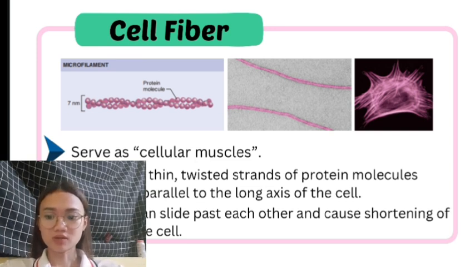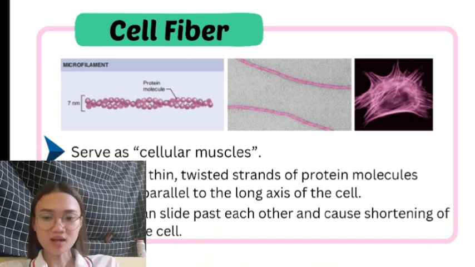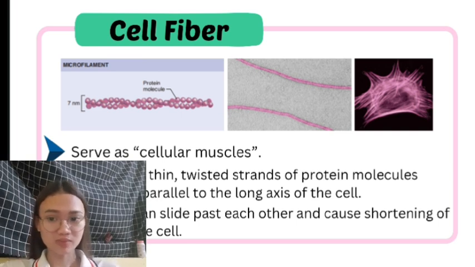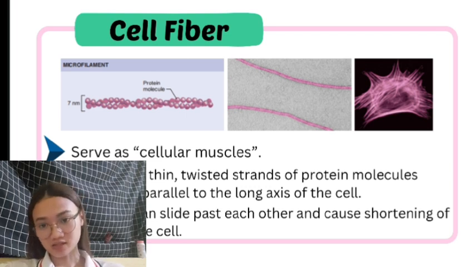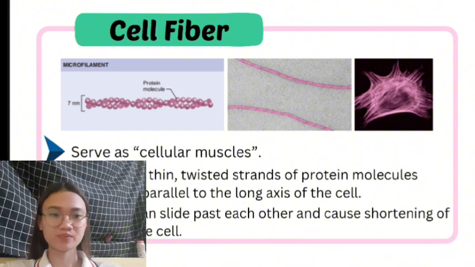The microfilament is mahalaga sa paggalaw ng cells, for example, sa ating muscle cells. Ang mga microfilaments ay nagtutulungan at pinapalakas ang cells upang mag-shorten o lumiit. Kaya nagkakaroon tayo ng lakas at paggalaw ang ating kalamnan at katawan.